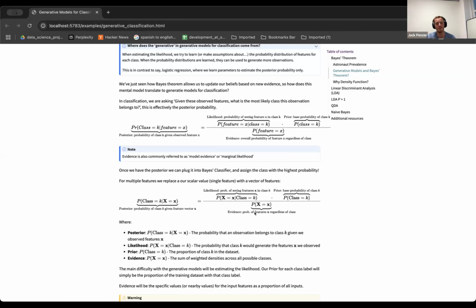For the features, I will say it's a little bit more complicated than it lets on here, so we're just going to ignore that for now because we do talk about it in a minute. And this term, just to really spell it out, is: get all of the examples of each level of the classification and look at all of the rows that apply to that. And there you've got your distribution of the input features. So that's the term.